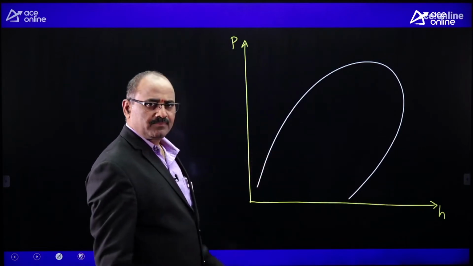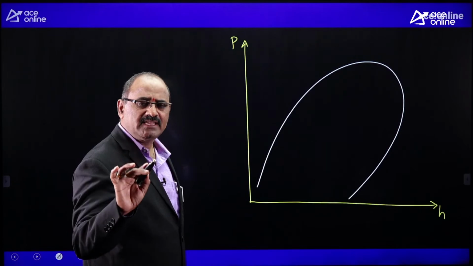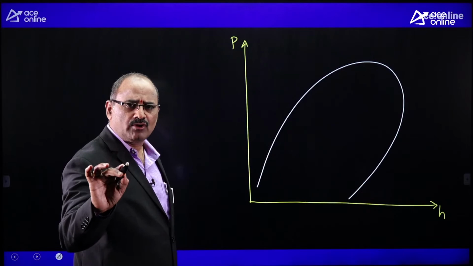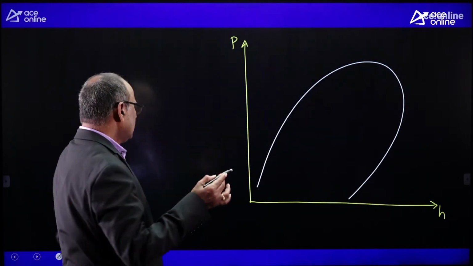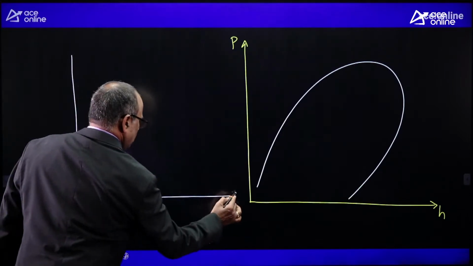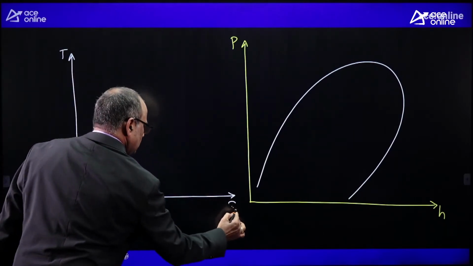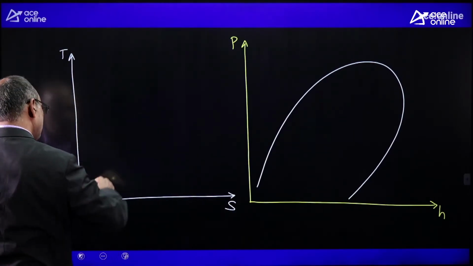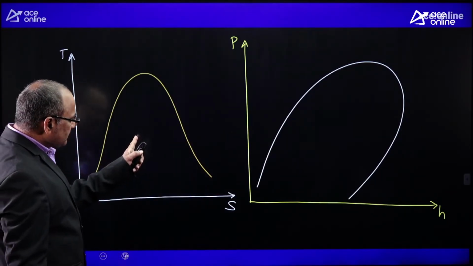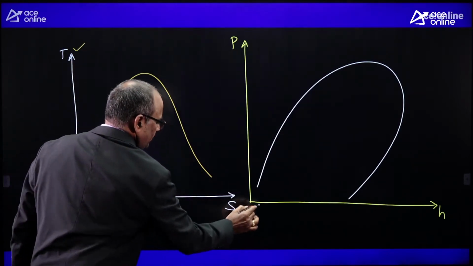Dear students, remember the geometric shape of the saturation dome changing from one kind of coordinate mechanism to another kind of coordinate mechanism. Okay? With TS coordinate system, that is temperature versus entropy coordinate system, the same saturation dome is appearing like this. This is the geometric shape of the saturation dome with the temperature versus entropy coordinate system.